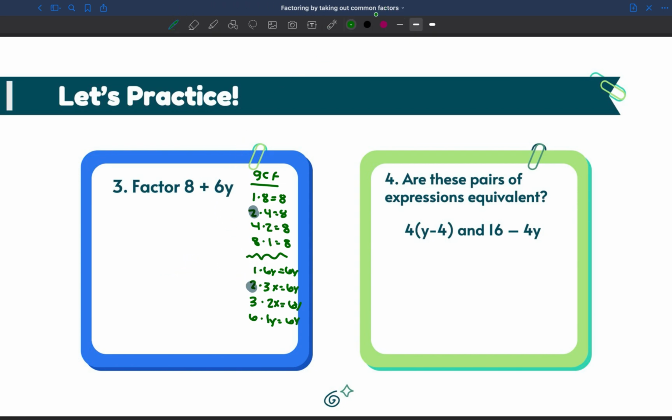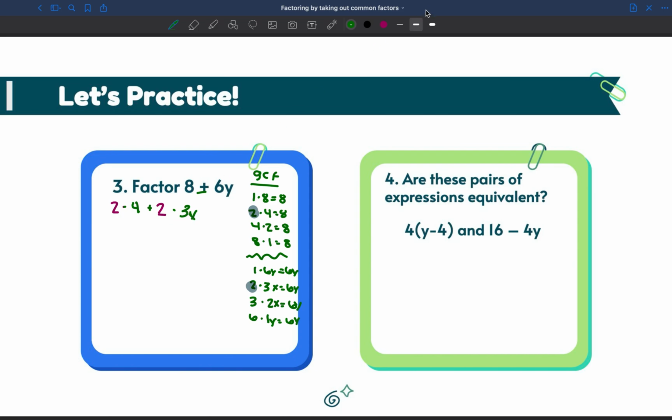So now that we know this information, we can take our common factor, 2. So 2 times 4 equals 8. We have this plus sign in the middle, so we have to add. We have 6y, and our common factor was 2, so we have 2 times 3y equals 6y.